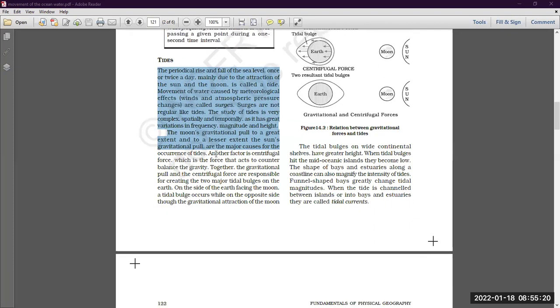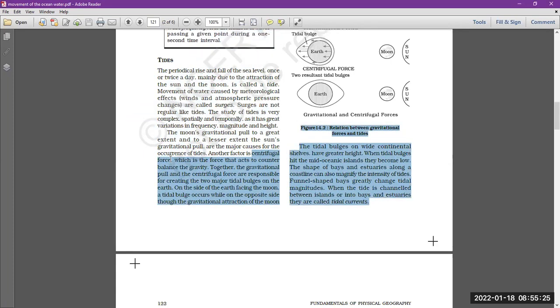Next thing, another factor is centrifugal force. First we have to clear what you understand by centrifugal force. Centrifugal force is the effect that tends to move an object away from the center of a circle. So कोई भी रोटेटिंग बॉडी है, अगर अर्थ की बात करते हैं, तो किसी भी ऑब्जेक्ट को सेंटर से दूर करने का जो फोर्स लग रहा है, दैट इज सेंट्रीफ्यूगल फोर्स.